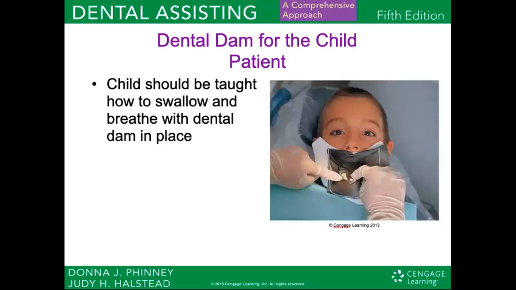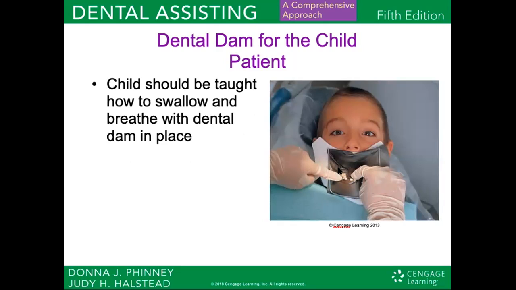This child looks like he's excited, right? So the child should be taught how to swallow and breathe with the dental dam in place. You want to ask them to breathe in and out through their nose. That'll help with any choking or gagging if saliva pulls up in the back of their throat, for example. You want to ask them not to push on their tongue.